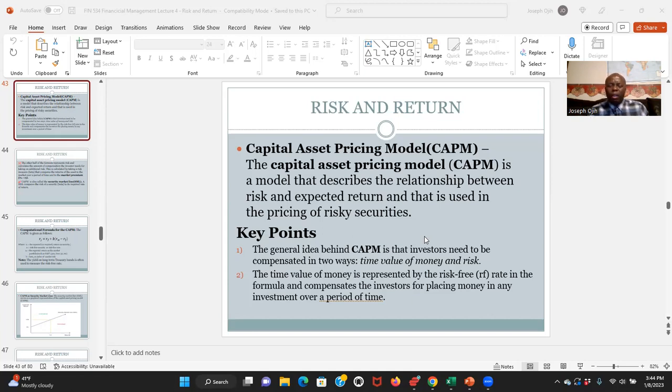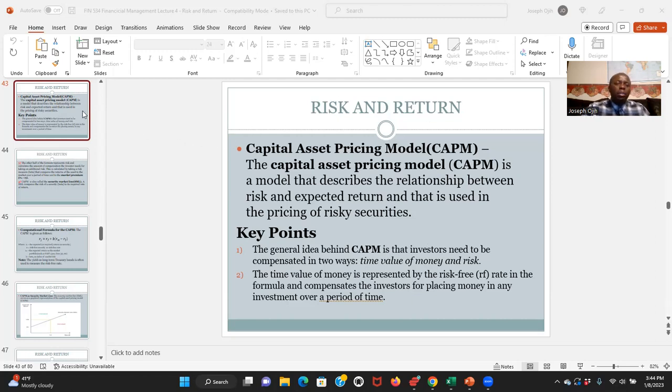The time value of money aspect of it is represented by the risk-free rate in the formula for the capital asset pricing model. We'll come to that in a few minutes. And it compensates investors for placing money in any investment over a period of time.